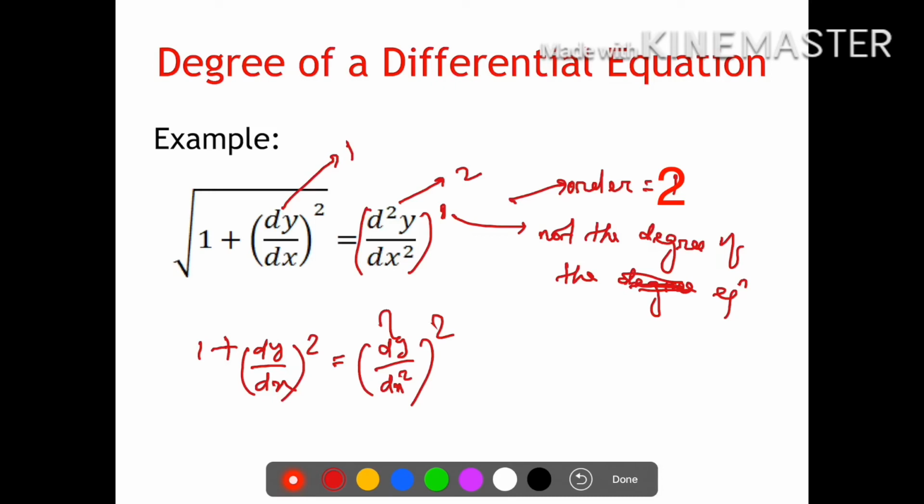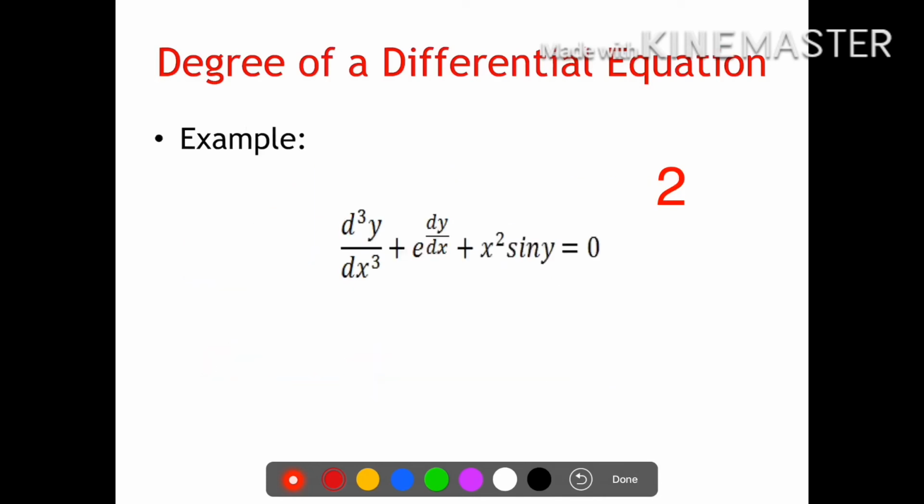Now this equation is a polynomial equation in derivatives, and this term gives the order. Now check what is the degree. What is the power of this? The power is 2. That is why the degree of this equation is 2. So these 2 points we should remember before finding the degree: the equation should be free from radicals and fractional powers so far as derivatives are concerned, and the equation should be a polynomial equation in derivatives.